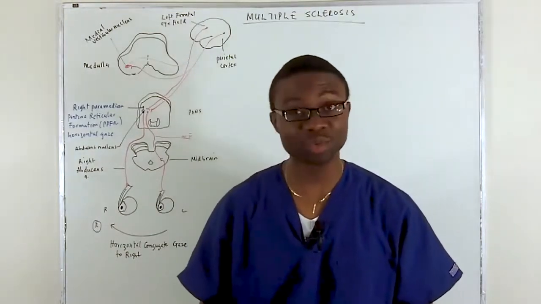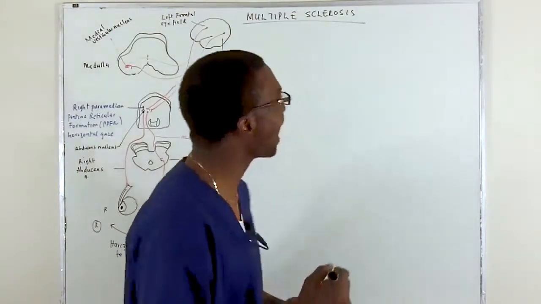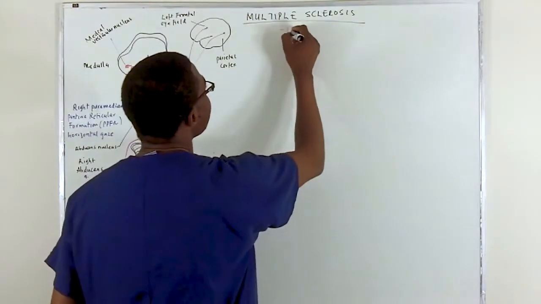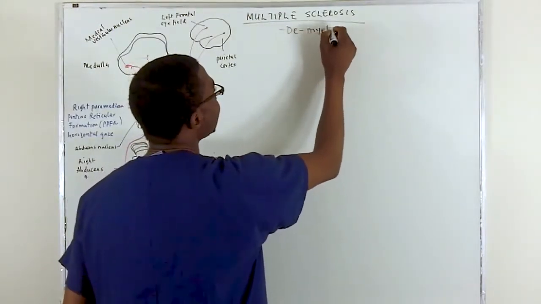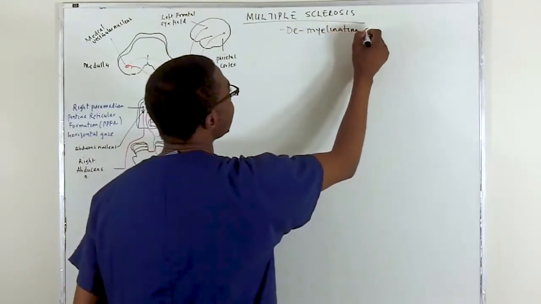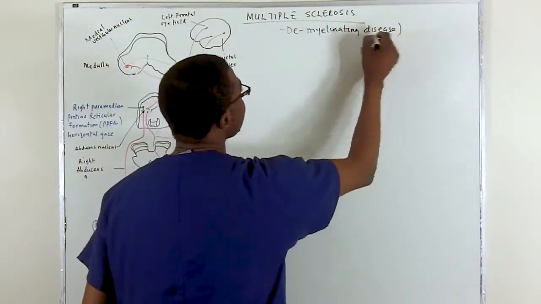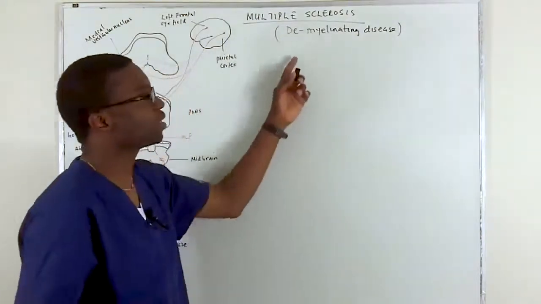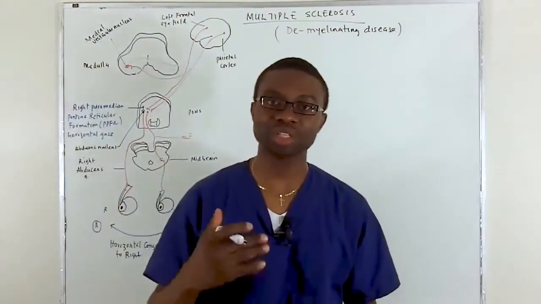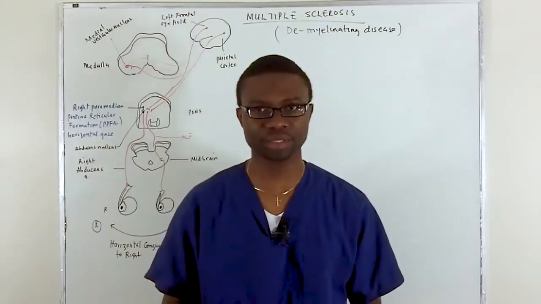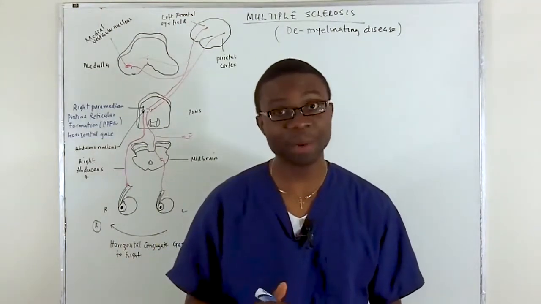But in this case, since we are talking about demyelinating disease, de- meaning removing myelinating disease. In this case, what we are doing is removing the myelin sheath that surrounds the neurons in the central nervous system. That's pretty bad, don't you think?